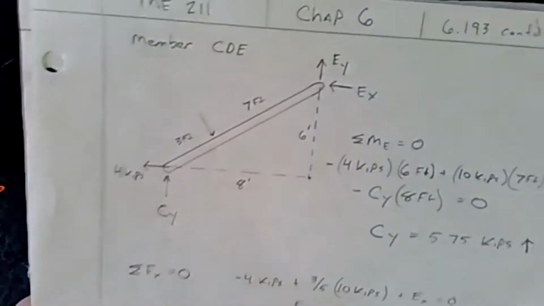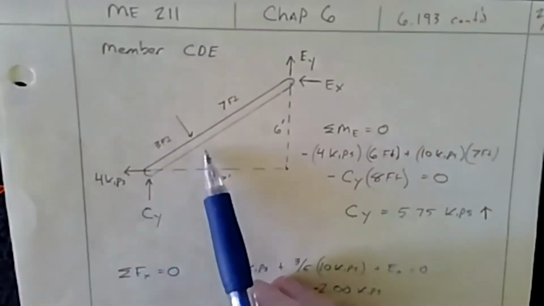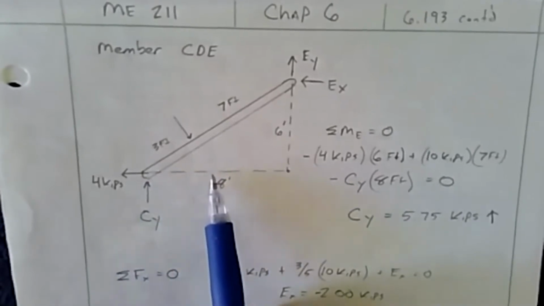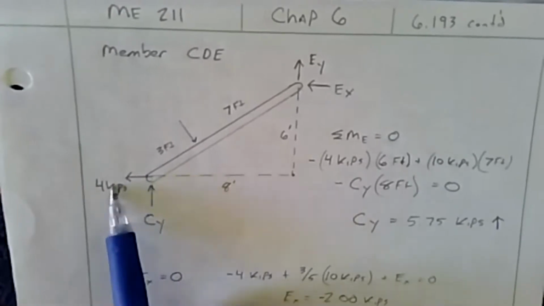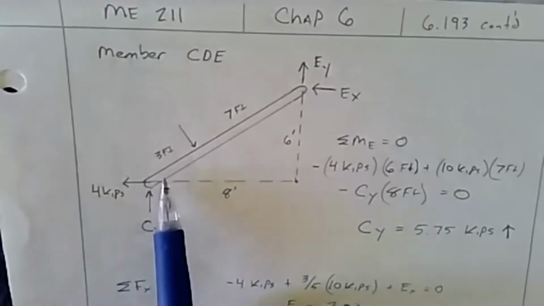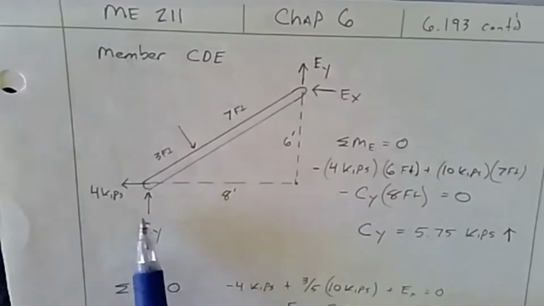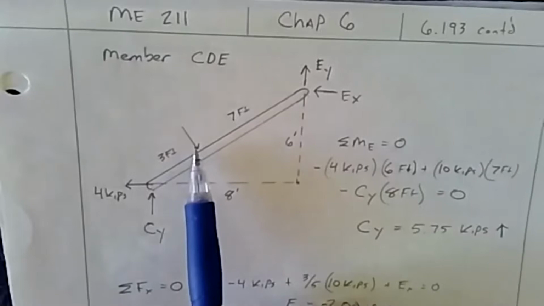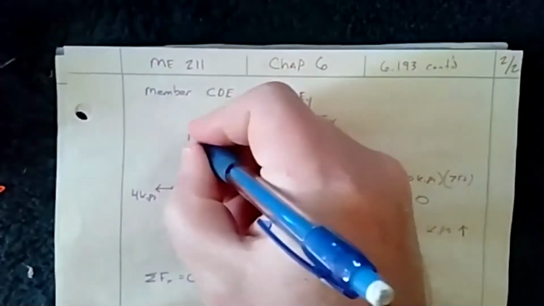So now here's CDE, and notice that if I draw CDE, I know because I proved in the other one that at C, 4 kips pointed to the right on the other member, therefore the 4 kips has to point to the left on this member. And then C sub Y, I don't know which direction it is yet. I'm still trying to determine that. And I know this force right here is the force at D where it contacted. So I know that's going to be 10 kips.